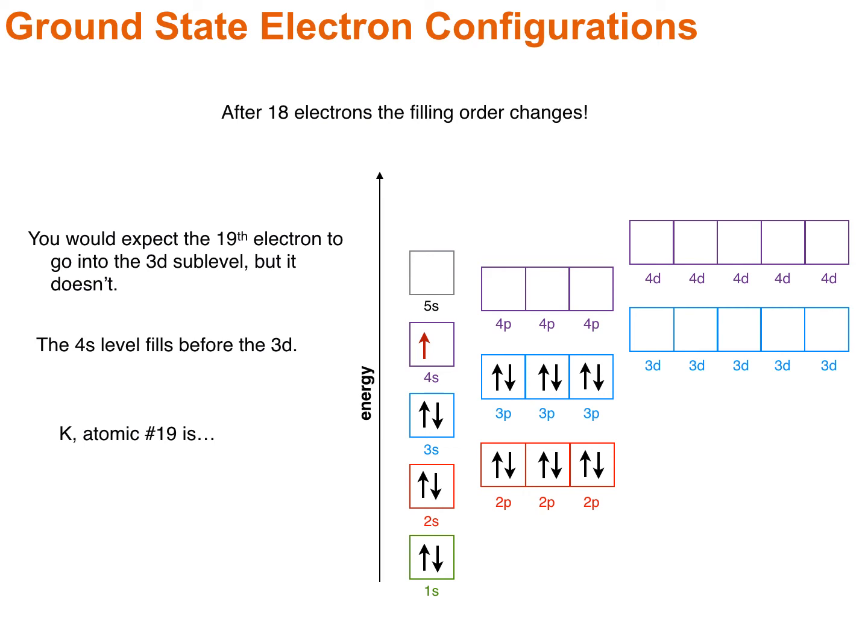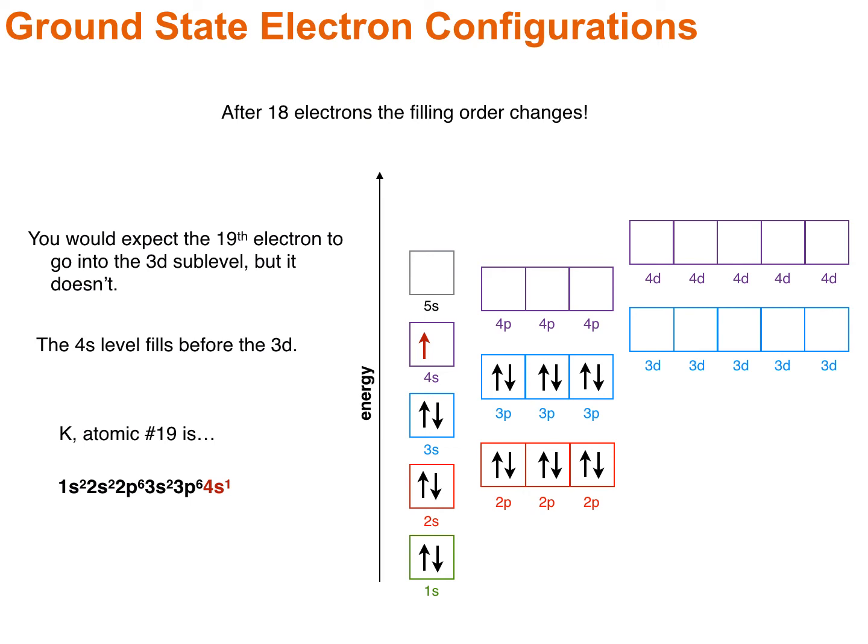So every time potassium reacts with anything, it's going to give up that 1 electron to get to a stable noble gas core configuration of its closest noble gas, which is argon. Okay.